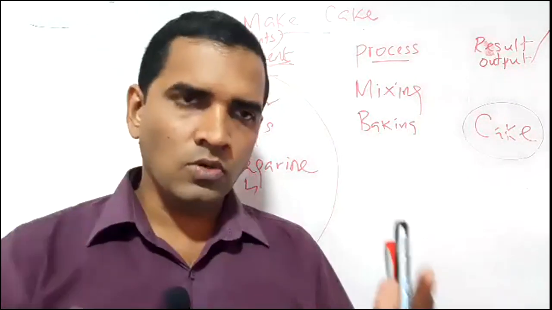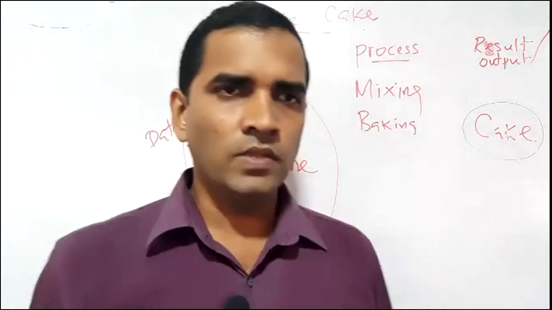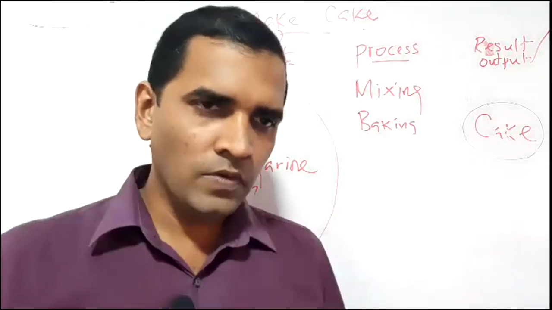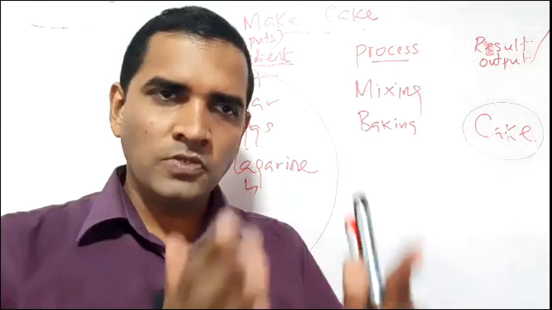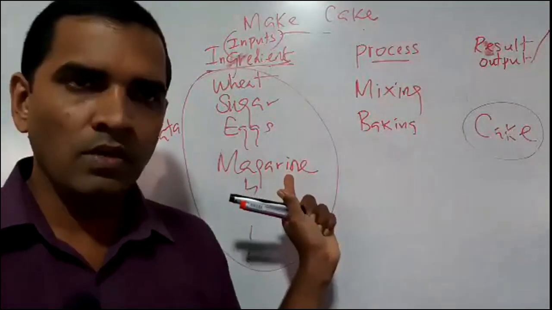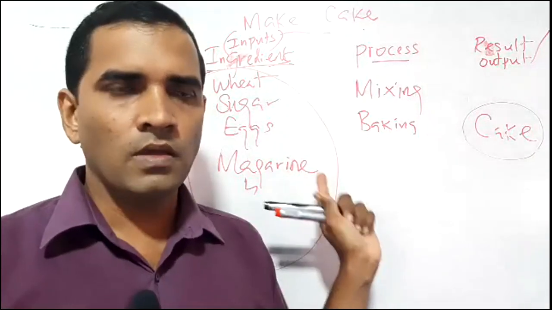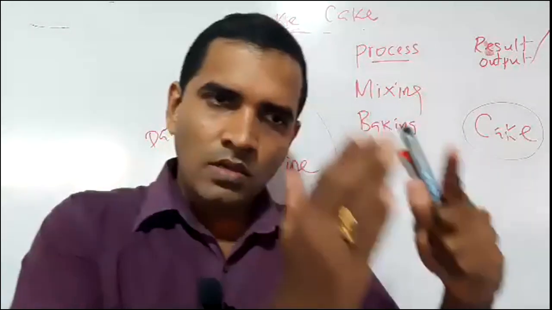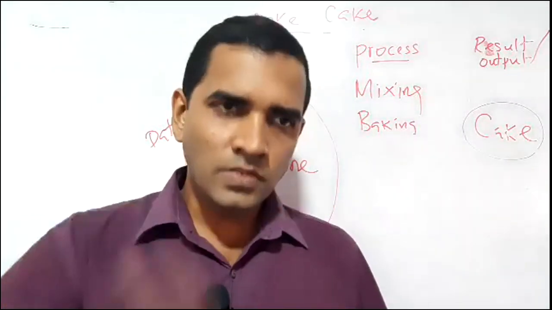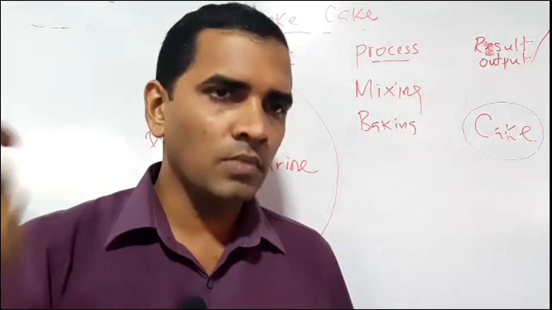So now if you compare the definition with this example, you can understand everything, right? So I take the definitions again. Unprocessed things are called data. So here in this example, all these materials are not processed, so they are data. Processed data is information, or we can say when data are processed, they become information.